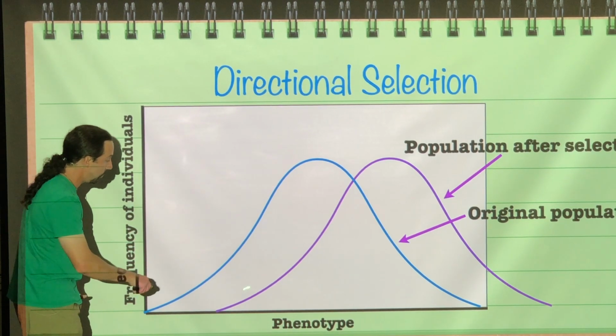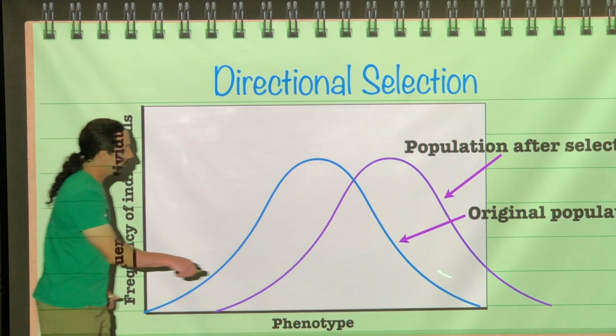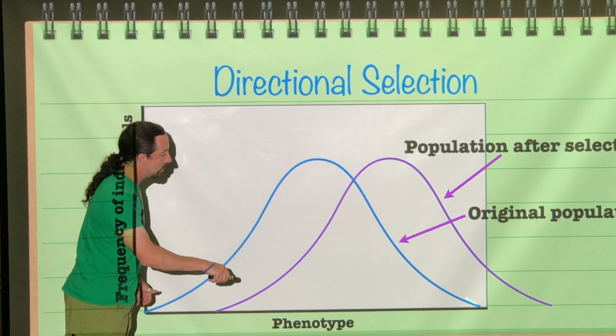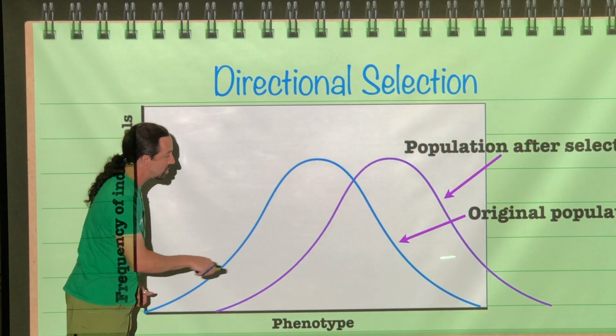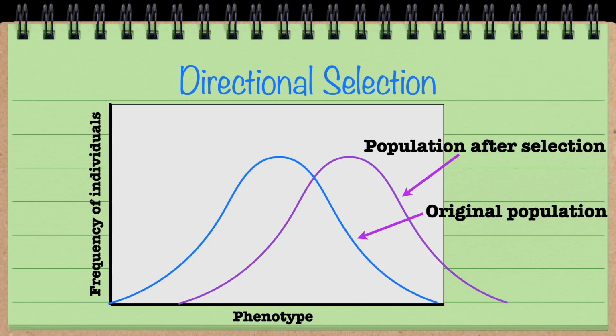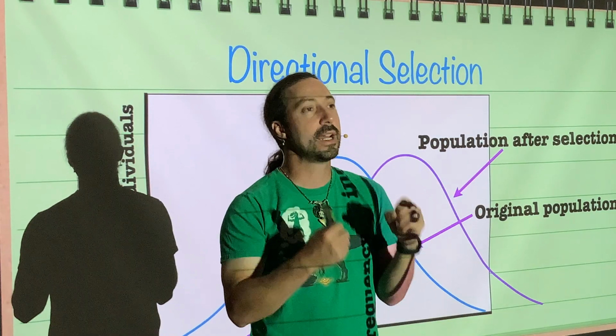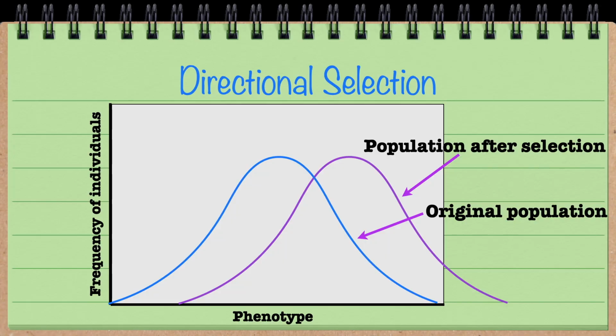We have a few at what was the old average, and we have the entire population shifting in a specific direction. This could be a shift toward a color. This could be a shift toward height. This could be a shift in many different directions.